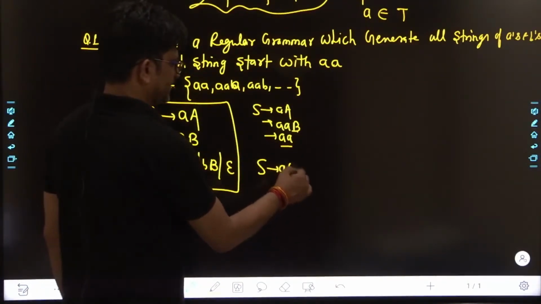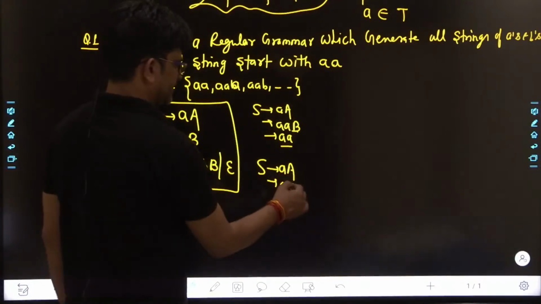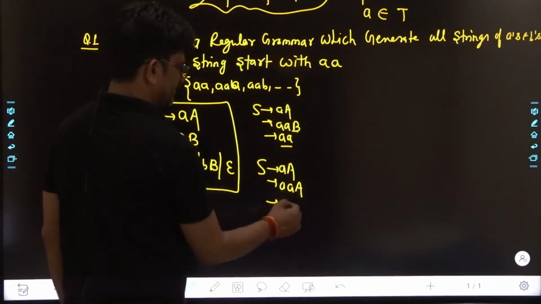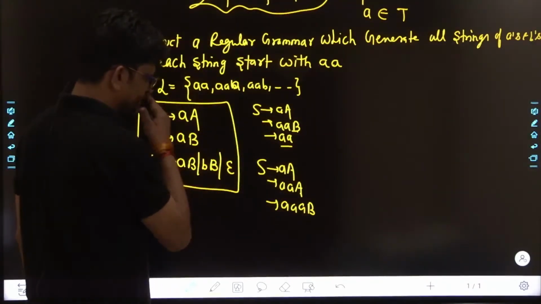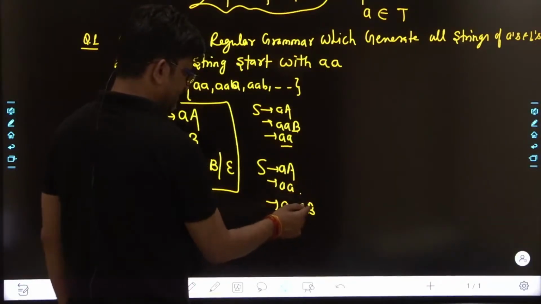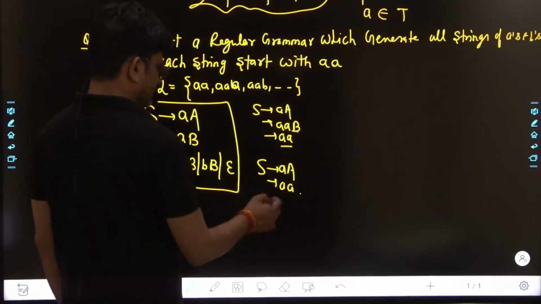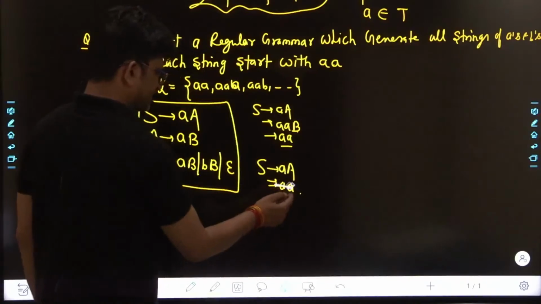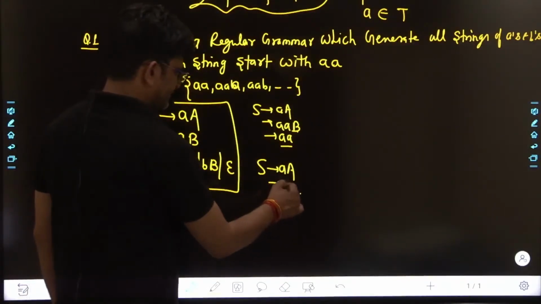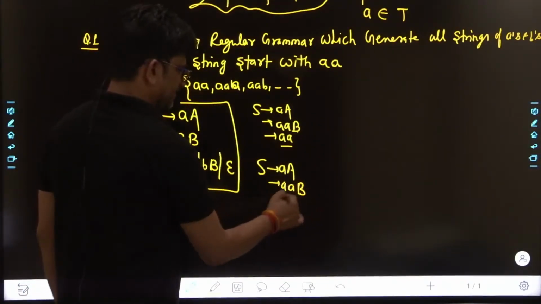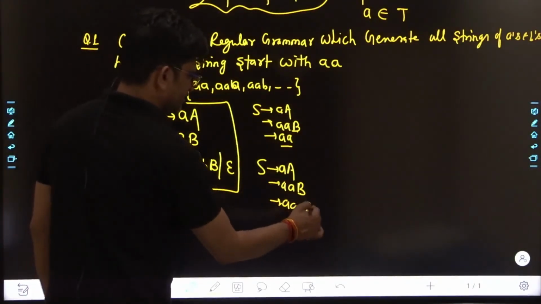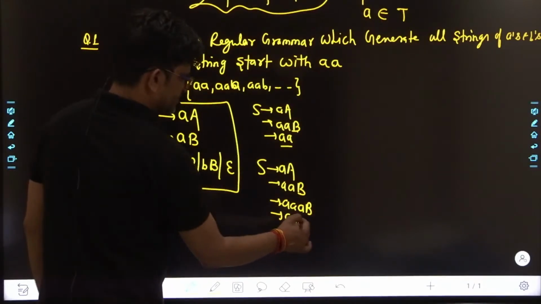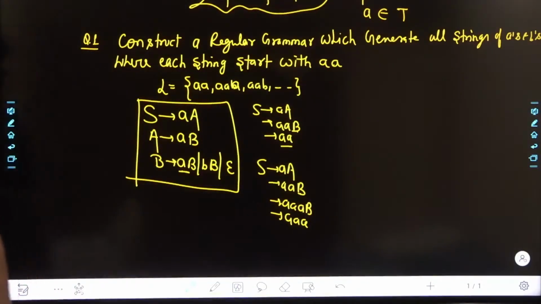S determines aA, again A determines aB, and instead of B we have this production, put epsilon instead of B. So this generates triple a. Clear? Clear?